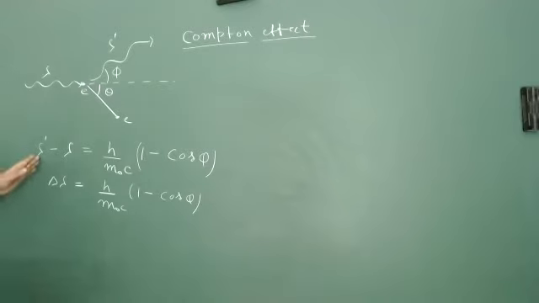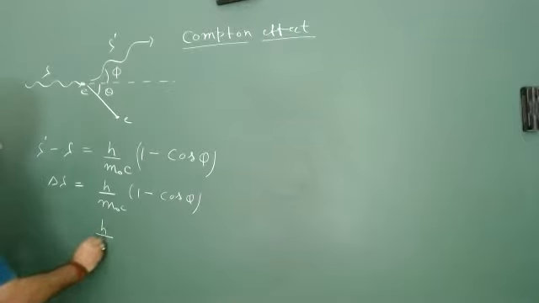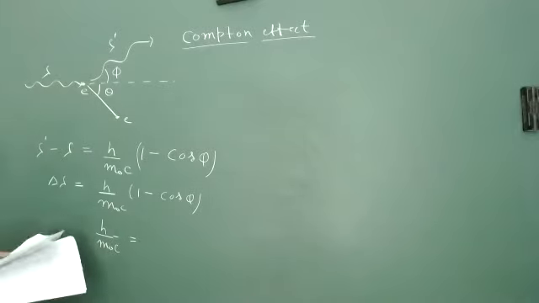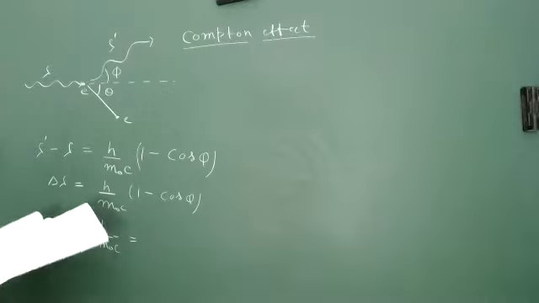So this is very interesting. But we can write lambda dash in terms of lambda. This h upon m naught c is identified as the Compton wavelength, and this was given in the last class.